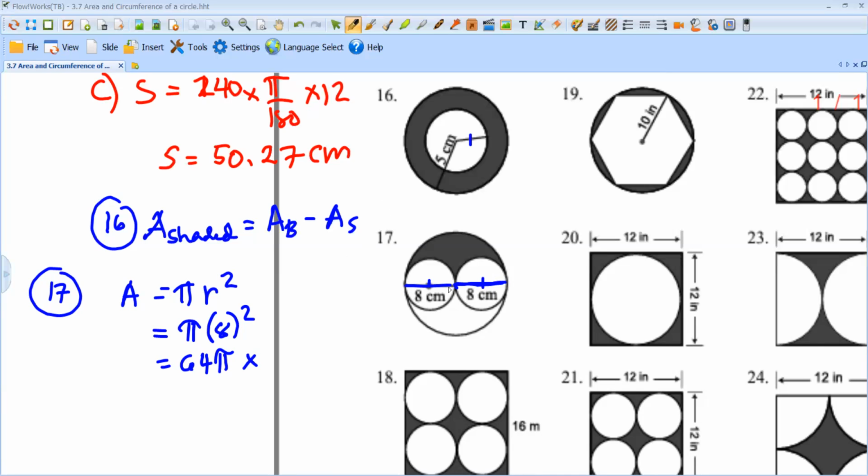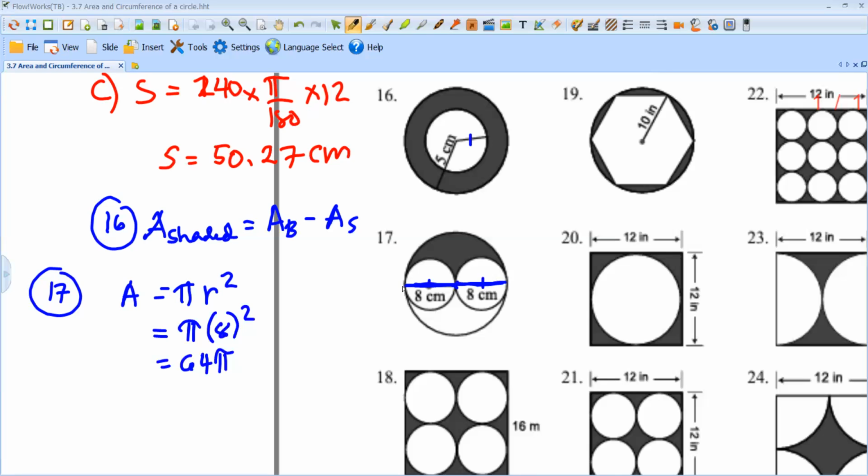The radius is 8, right? So if the radius is 8, that is the area of the full circle. This is the area of the big circle because the radius is 8. So the full circle is 64 pi.